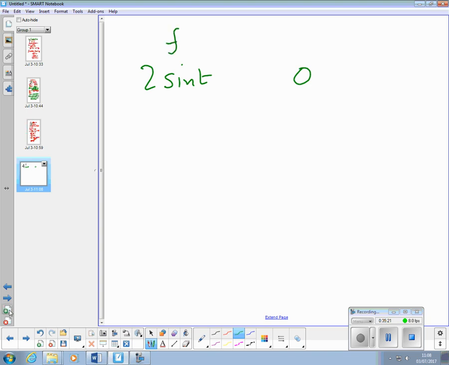This is the nth differential of the function, and that's the value of that at 0. So that's the first term, nothing. First differential: differentiate 2 sine t, we get 2 cos t.